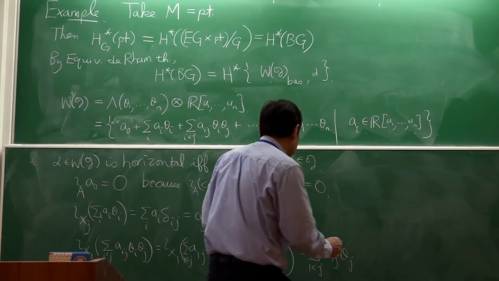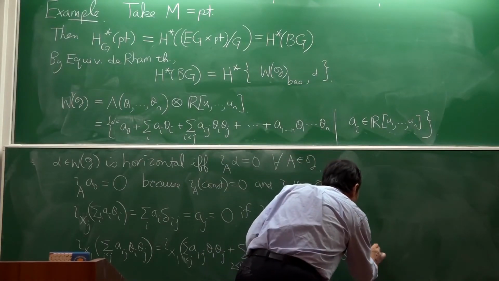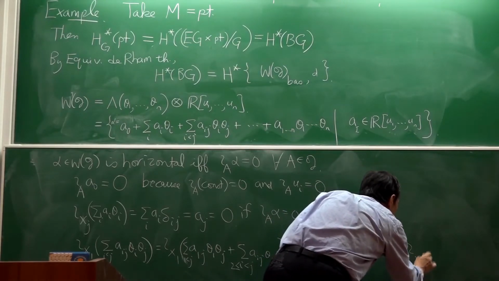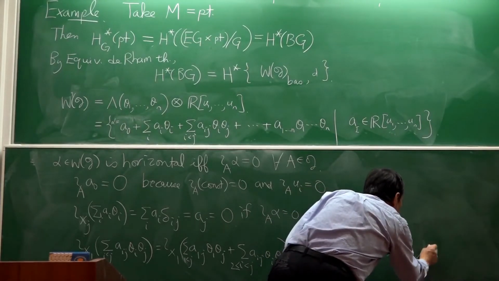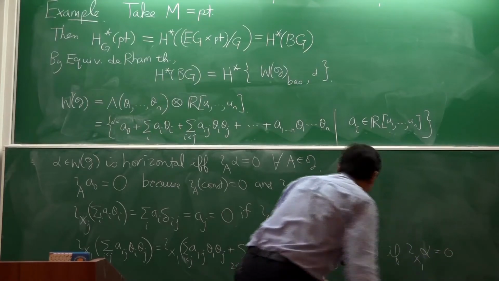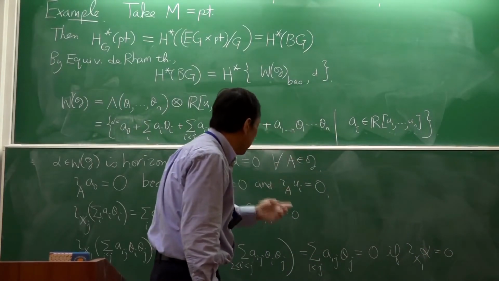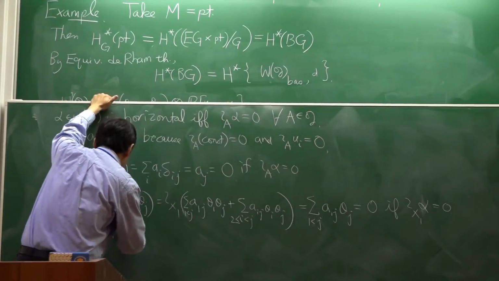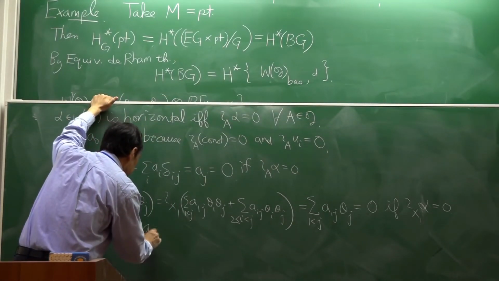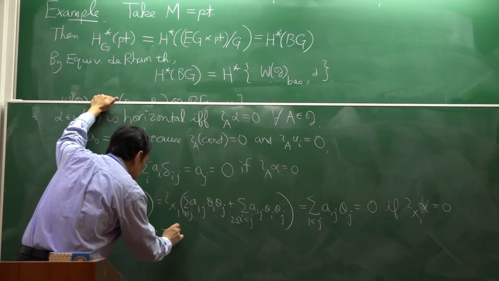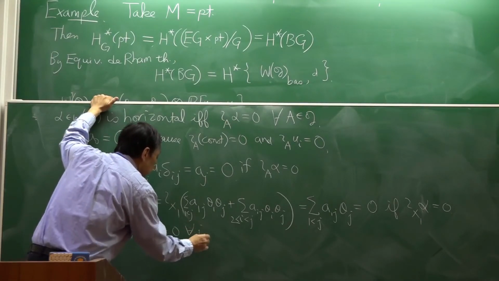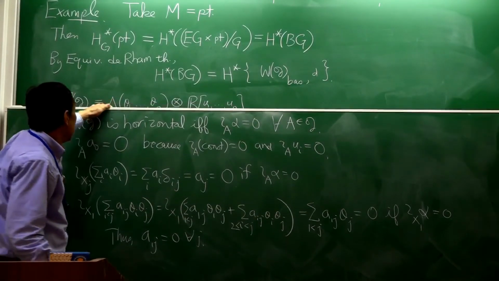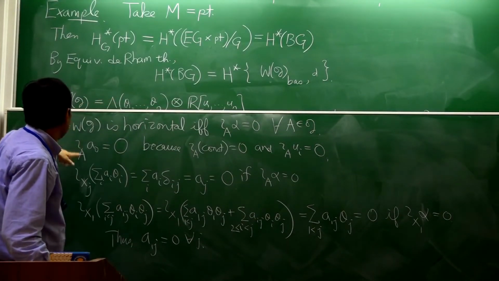So this is going to be 0 if Ix1 alpha is 0, and that says that all A1j's are 0.